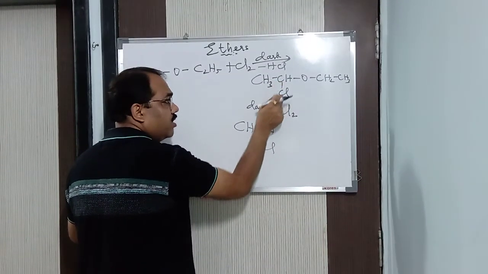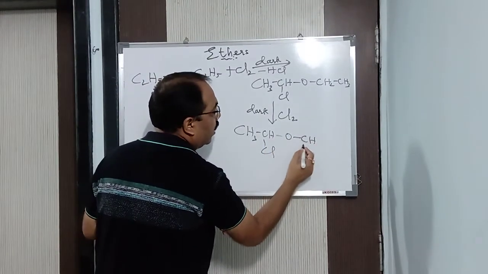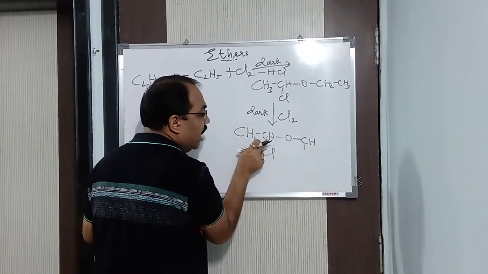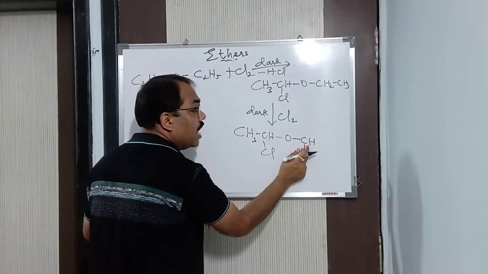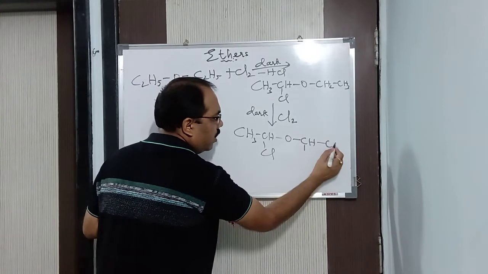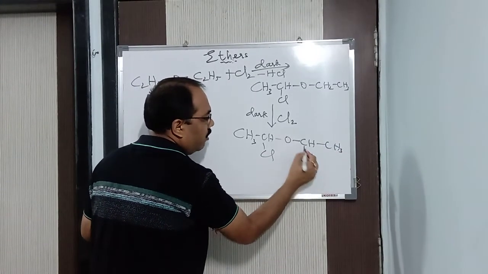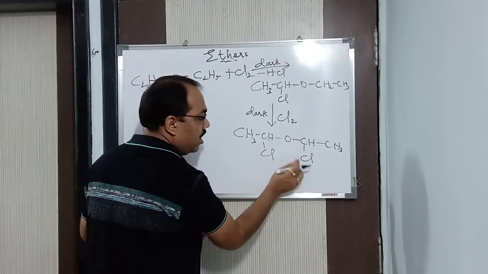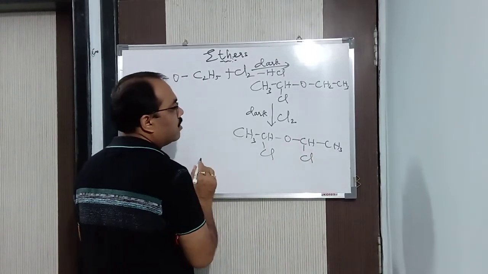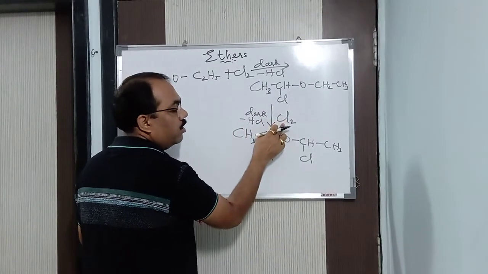So one alpha hydrogen atom is removed by Cl. Now I will remove another one. This carbon on the other side is known as alpha dash, and this is beta dash, mind it. In this way, one more hydrogen I have removed and added Cl here. And here you will get minus HCl, because I have taken two chlorine atoms.